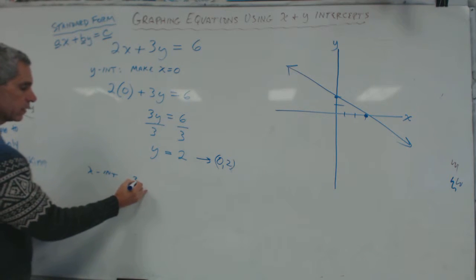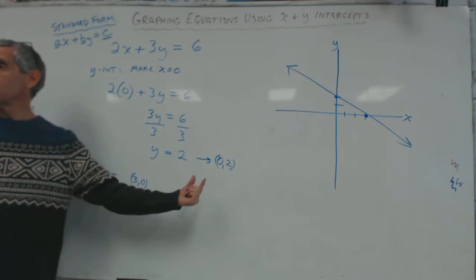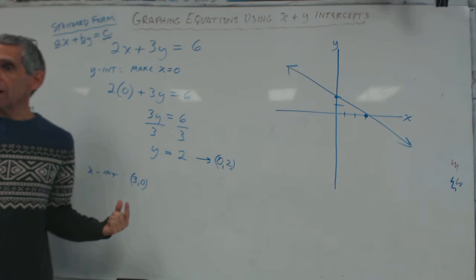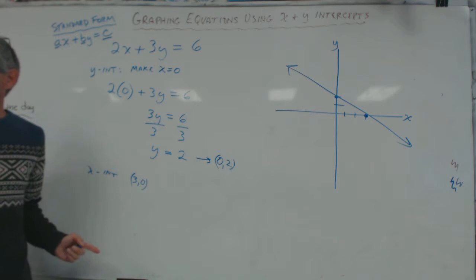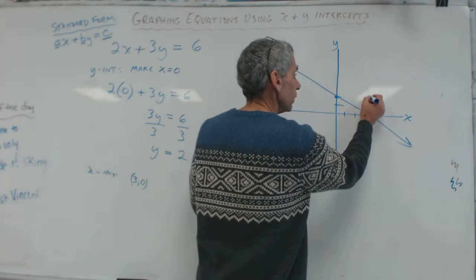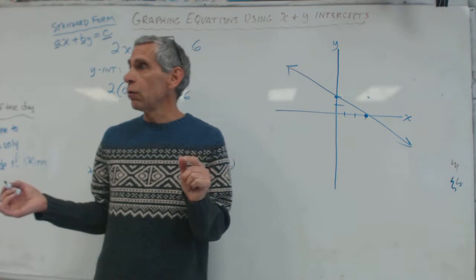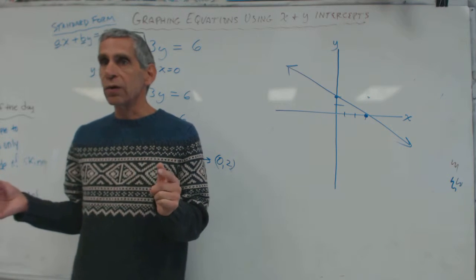Now it's not 3, 2. That's the most common mistake: when people do this, they get an x and then they get a y and they say, oh, well it's 3, 2, and they go over to 3 and up 2 and put a dot there. And then they say, wait, where's my next dot? That's not what we're doing.